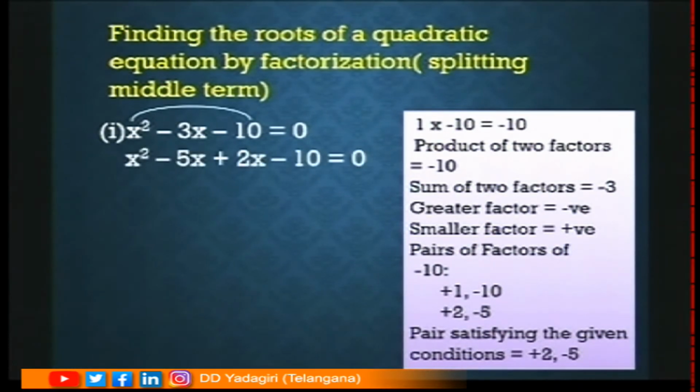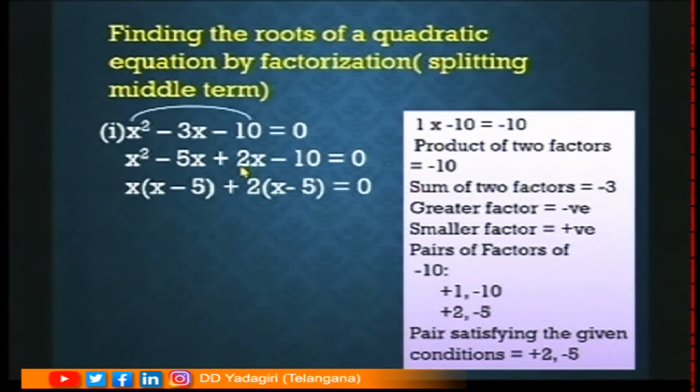Now, I am trying to write this minus 3x as minus 5x plus 2x. So, my equation comes out to be x square minus 5x plus 2x minus 10 is equal to 0. Now, let's take the common term in the first two terms, x square minus 5x. Taking out x as common, x into x gives me x square and x into minus 5 gives me minus 5x.